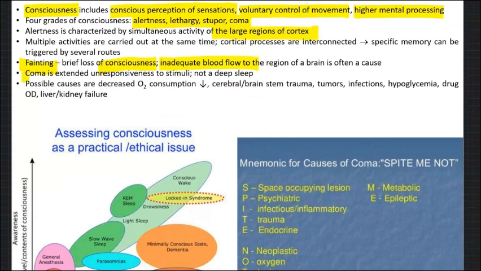Now, coma isn't a deep sleep. It's a long-term unresponsiveness to any stimuli.